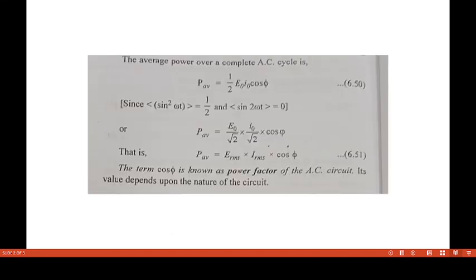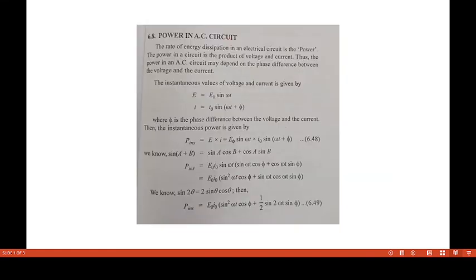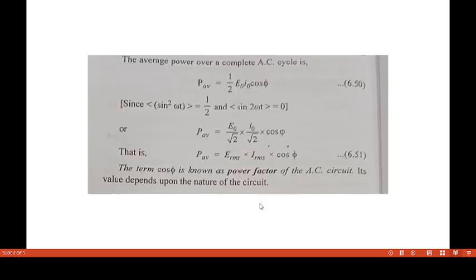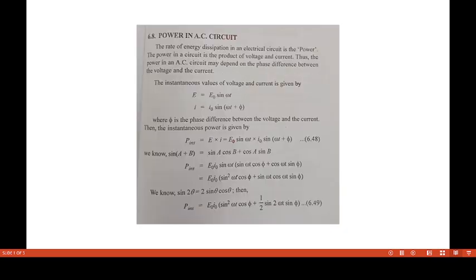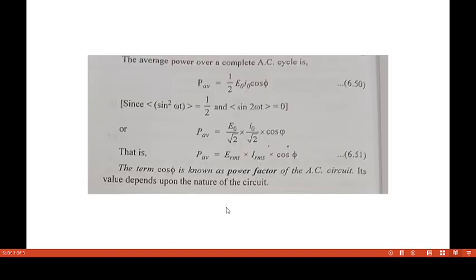Now, taking the average of this instantaneous value over a complete AC cycle, we will get the average power as half E naught I naught cos phi.